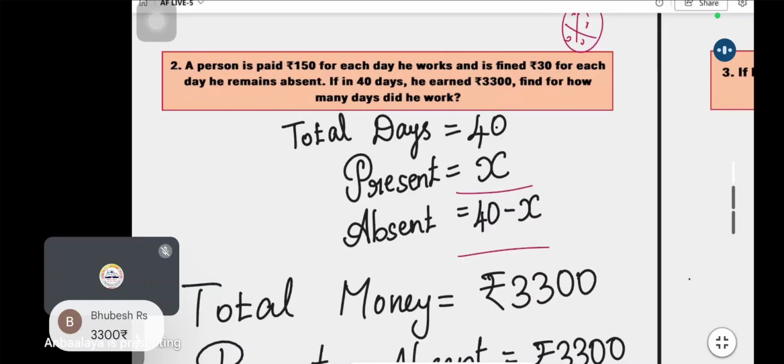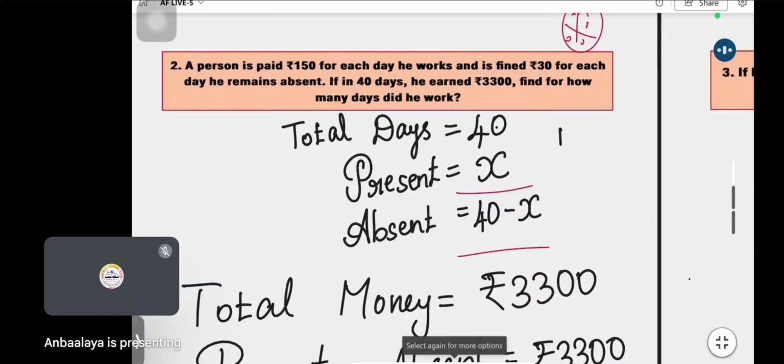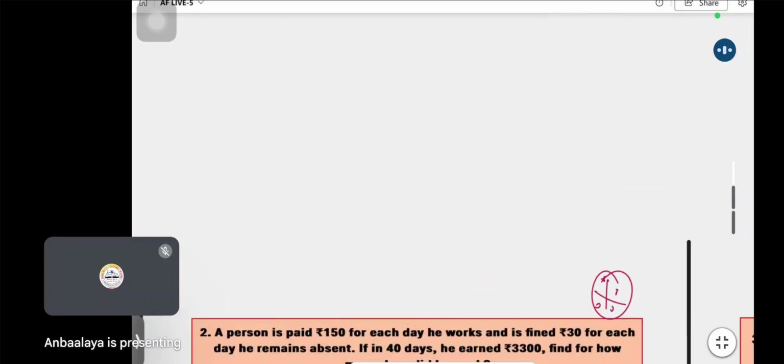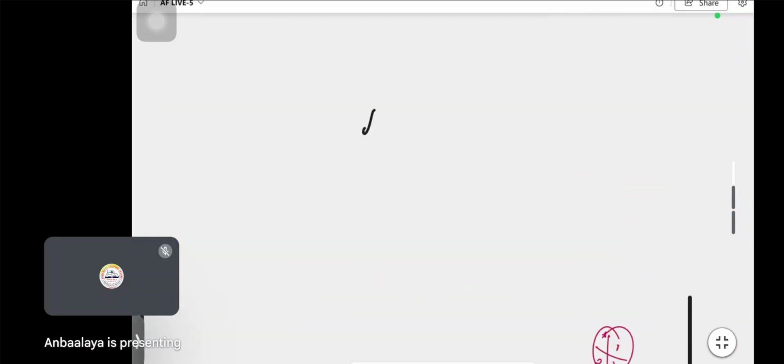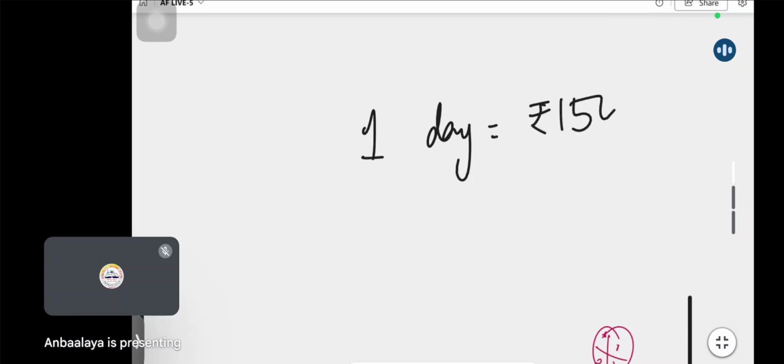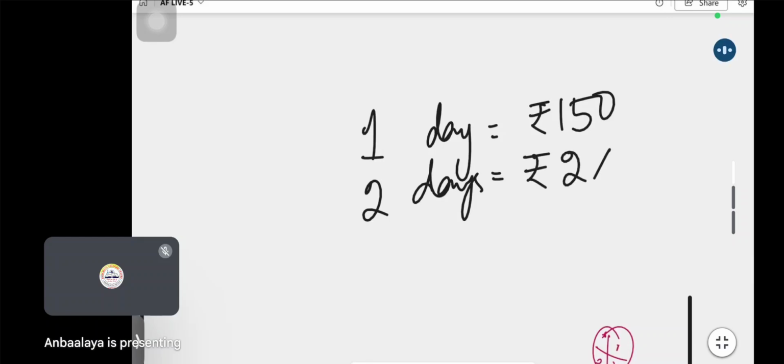If one day he goes to work, how much money does he get? 150 rupees. Two days means how much money? 300, found by 2 into 150, so 2 times 150 is equal to 300.